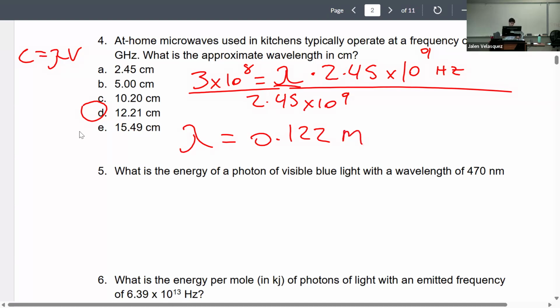I want it in centimeters. So how do you do that? There's 10 to the negative 2 meters in 1 centimeter, and then you'll get 12.21. Whatever, 12.2, 12.21. Okay, questions on that?